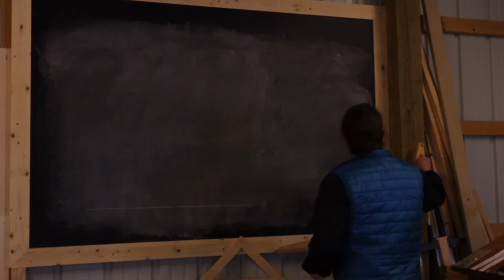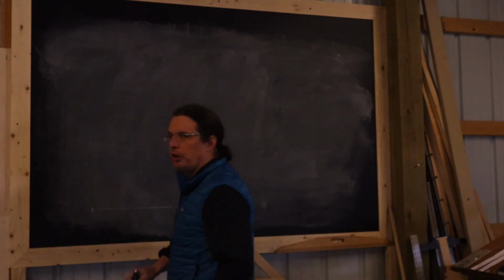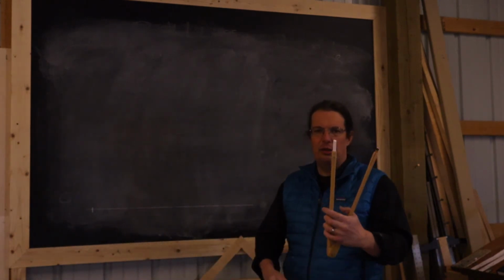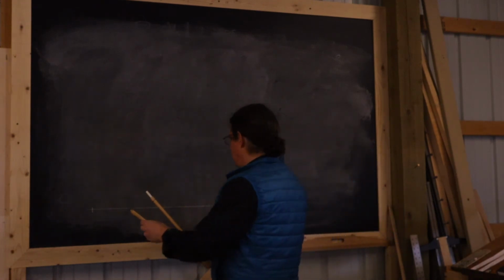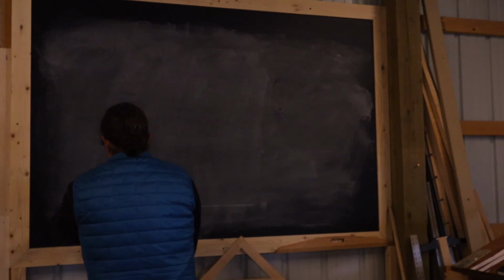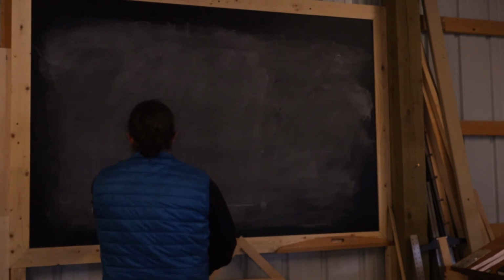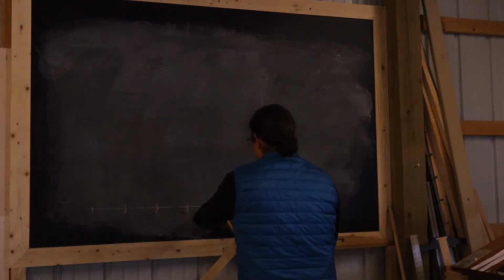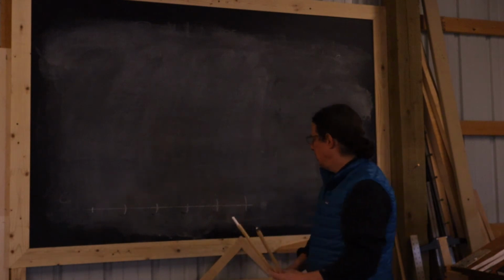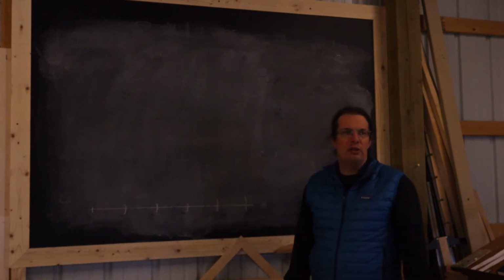Well, the way you can do that is mark out one endpoint of the base, set your dividers, set your compass to some distance, and step out that distance 5 times. 1, 2, 3, 4, 5. And whatever is left over on either side of those steps isn't going to matter.